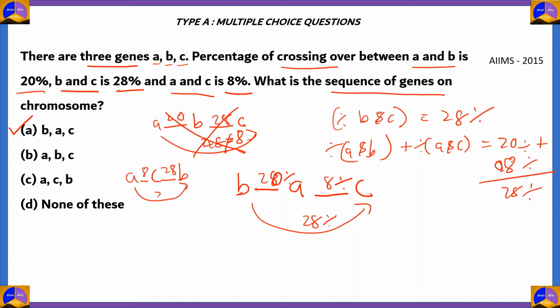You get 36, you won't get 20. So that option also fails. And since we found that BAC is the right one, we can also say that option D, none of these, is also incorrect. So just by doing a simple addition, we found the correct sequence by adding the percentages of crossing over between the 3 genes. So that's a simple and easy way to solve this problem.